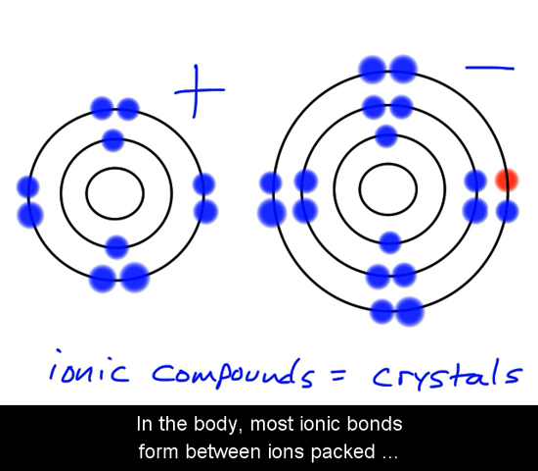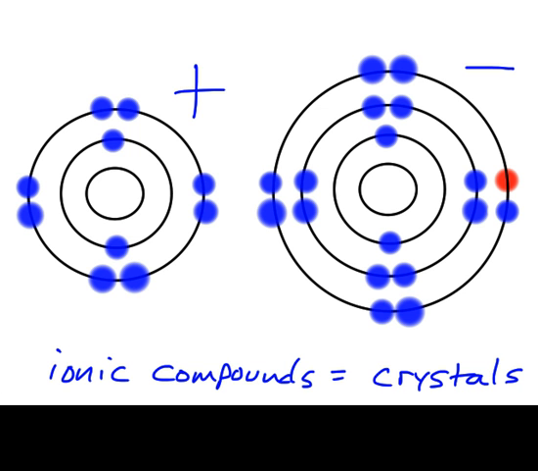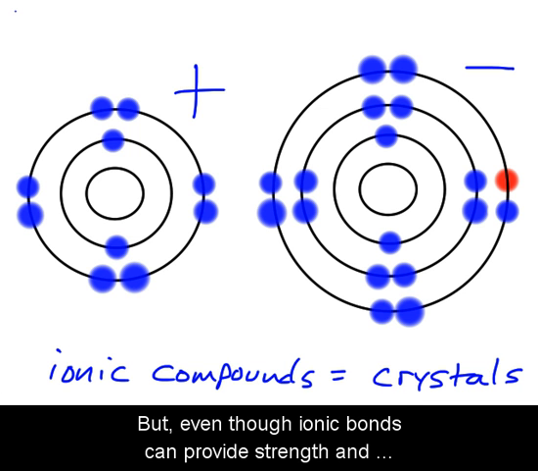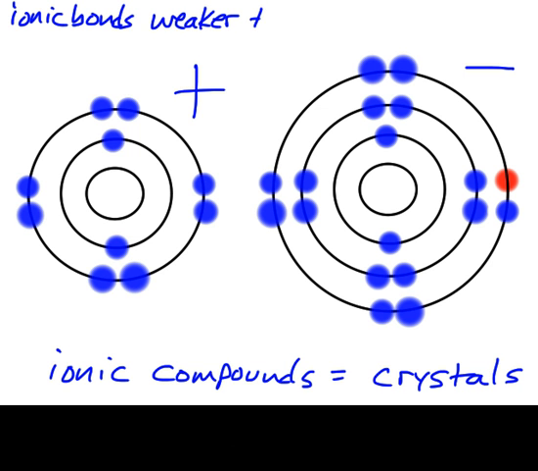In the body, most ionic bonds form between ions packed together in the bones and teeth, giving them great strength. But even though ionic bonds can provide strength and support, they are weaker bonds in comparison to covalent bonds.